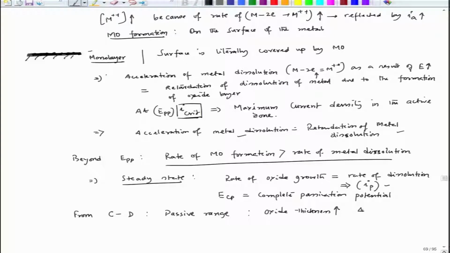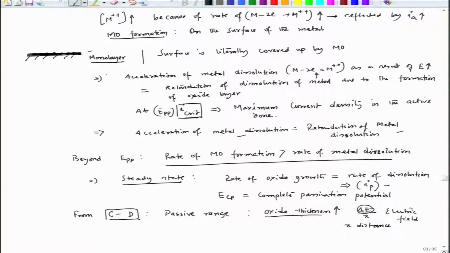Because it has to maintain this, where x is the distance and del E is the potential change. This is basically the electric field, and this electric field has to be maintained constant over the entire passive range, this potential range, and that is why the thickness has to increase.